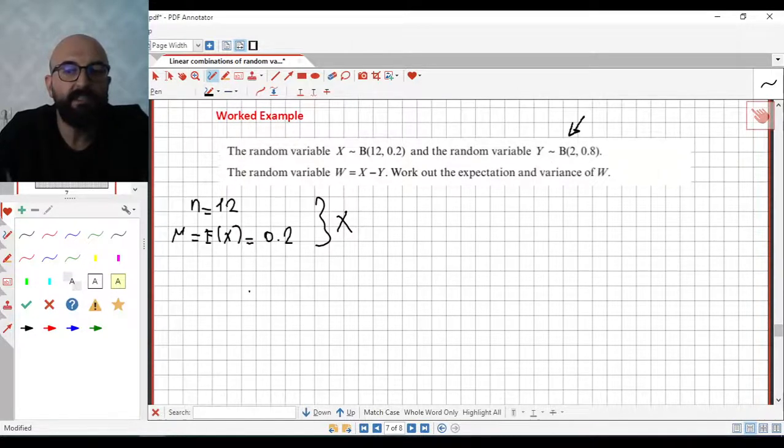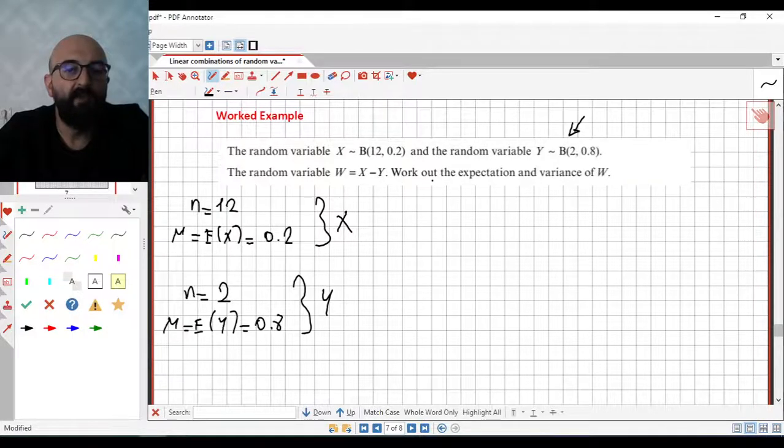And for y, n is equal to 2, and p is 0.8 for y. And the random variable w equals x minus y. Work out the expectation and variance of w.